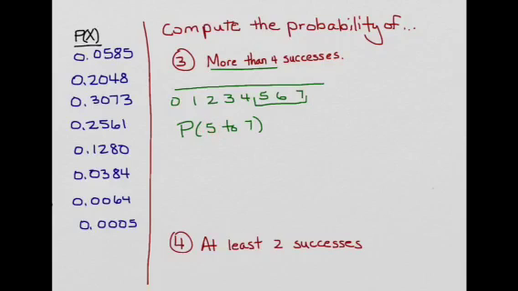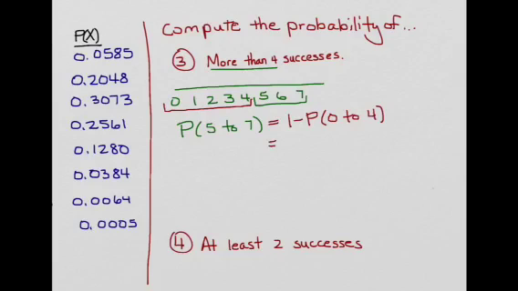So we have to be able to adjust this. So what we're going to do is we're going to say, well, we have to start at 0. And what I can do is I can go from 0 up to 4. Now that's the complement of what we want. And we know that we can calculate the probability we want by doing 1 minus the probability of the complement. So now we're going to do 1 minus the probability of 0 to 4 successes.